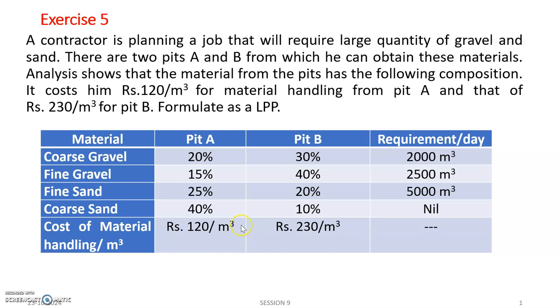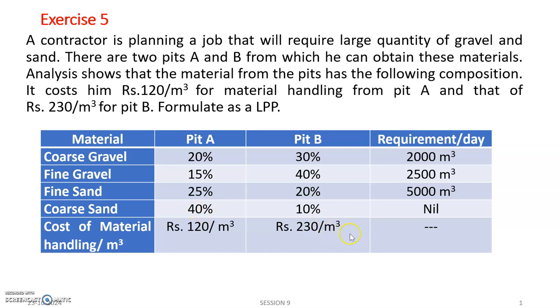Now 1 cubic meter of soil excavated from pit A will have 20% of coarse gravel, 15% of fine gravel, 25% of fine sand, and 40% of coarse sand, the total making up to 100%.